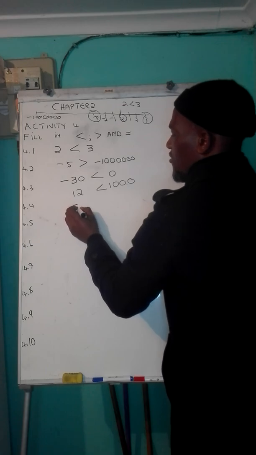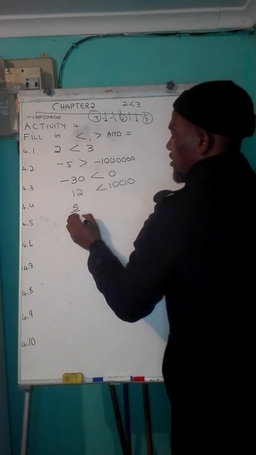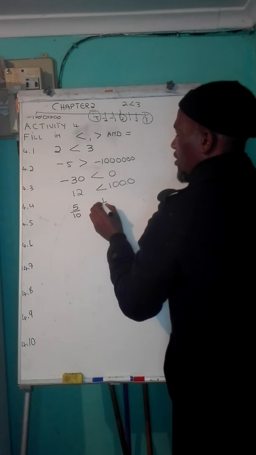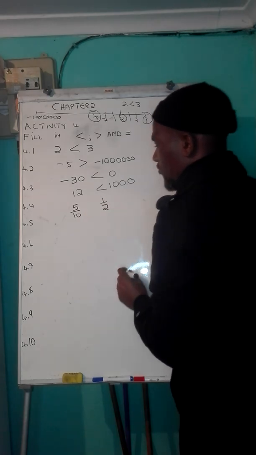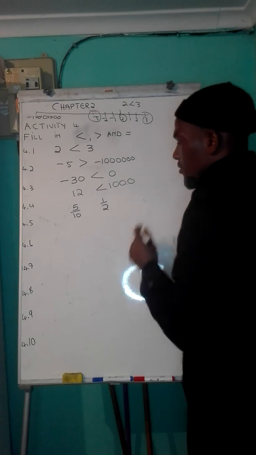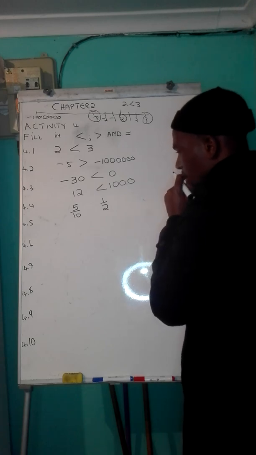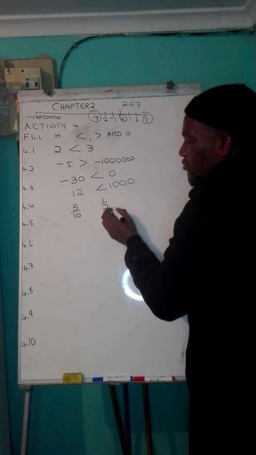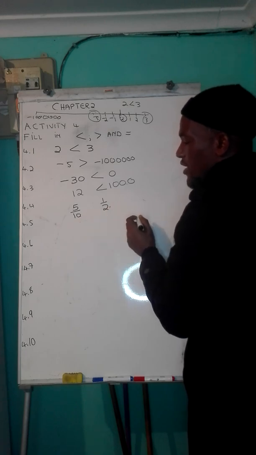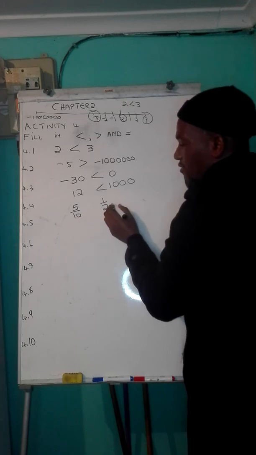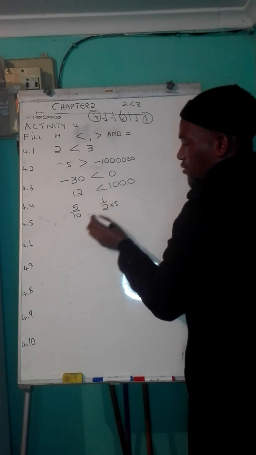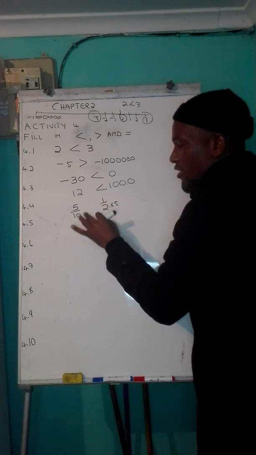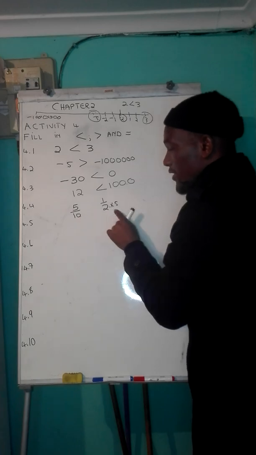Then what is 5 over 10 and 1 over 2? Okay. What you need to do here: if this is 10, try to make this also 10 by multiplying by 5. Your aim is that your denominators must be the same.